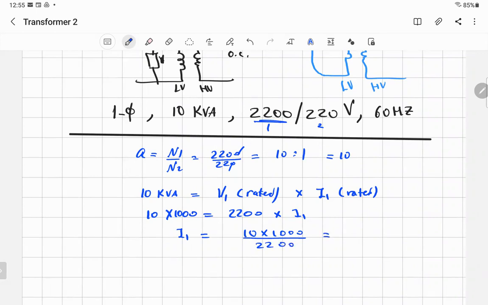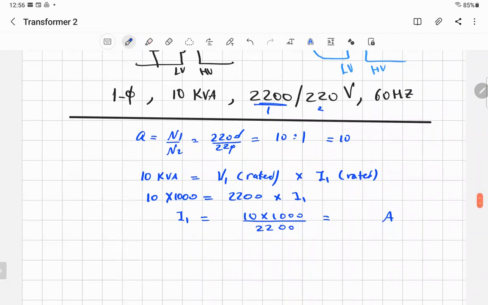I wonder if you have a calculator. If somebody can calculate, you will get I1. That will be the rated value of the current. If you want to make protection, you get a fuse related to this current. The same way you can get I2. It will be 10 times 1,000 divided by 220.